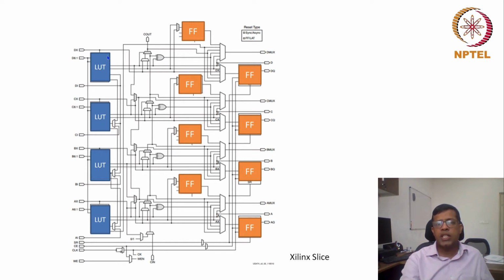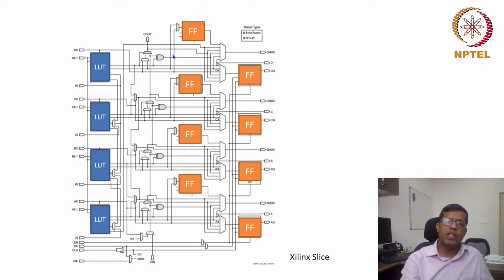Each LUT can give 2 different outputs, and both outputs could be either latched or non-latched. So finally we have 8 outputs here: A and AQ. A is a non-latched one and AQ is a latched one, likewise B and BQ, C and CQ.